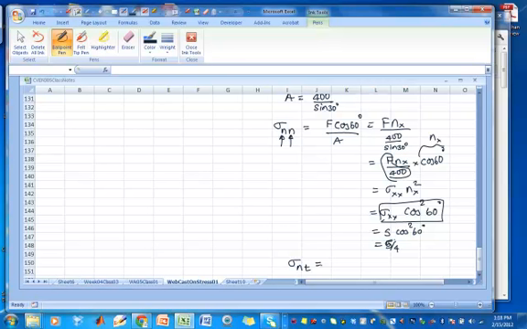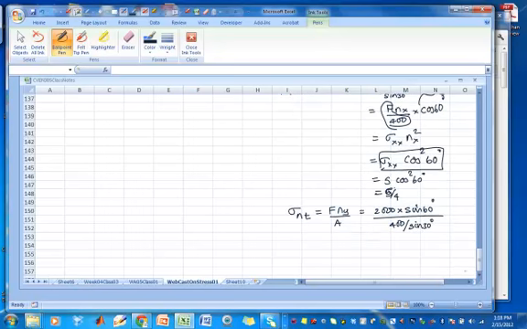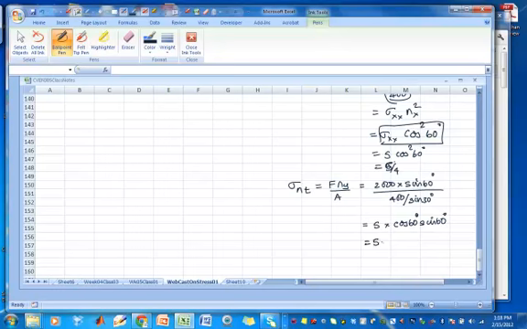That will turn out to be F ny over area, which is 2000 times sine 60 degrees divided by 400 over sine 30 degrees, which is 5 times cos 60 sine 60, which is 5 times nx ny.